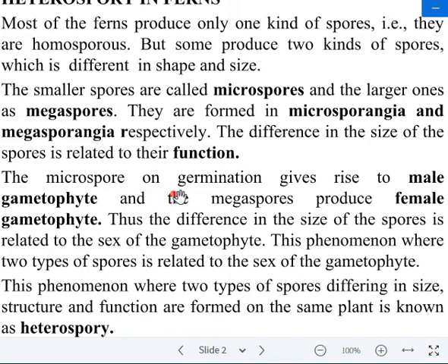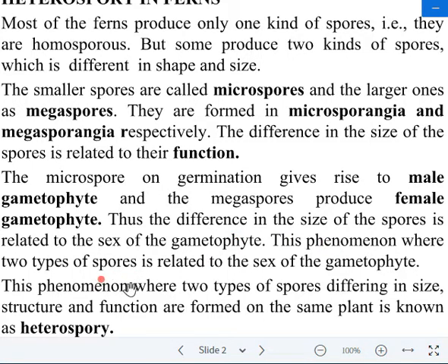Thus the difference in size of the spores is related to the sex of the gametophyte. It means the microspore always produces the male sex organ, and the megaspore after germination produces the female sex organ.